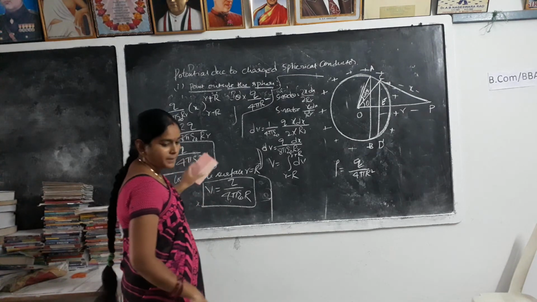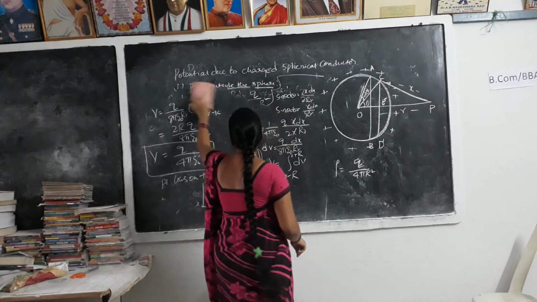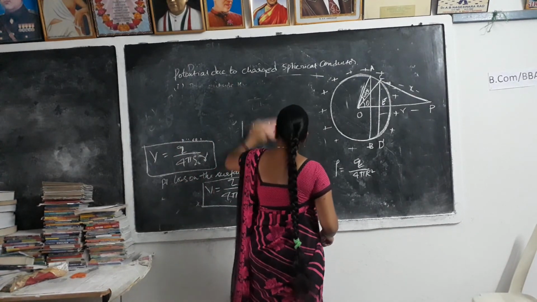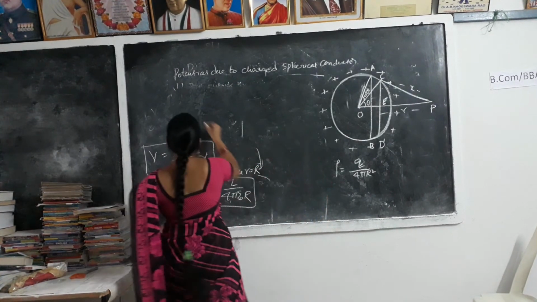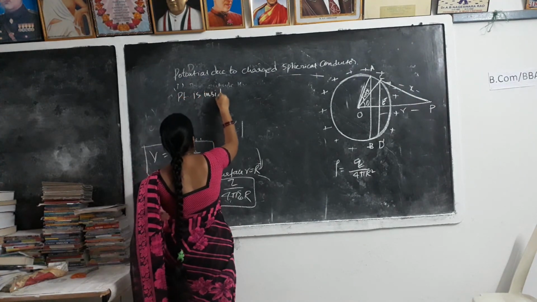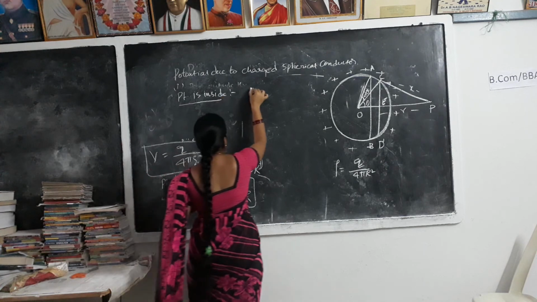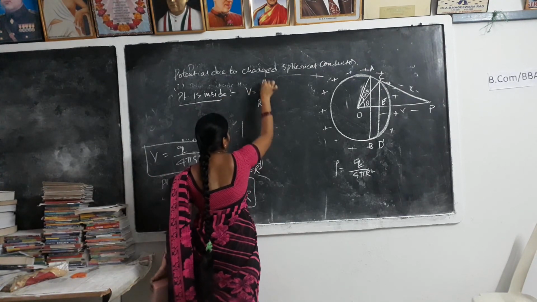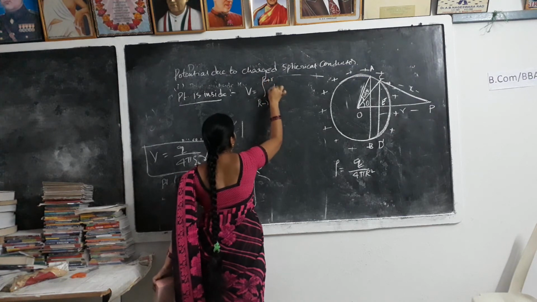Then when the point P is inside, we apply limits R minus r to R plus r for dV.